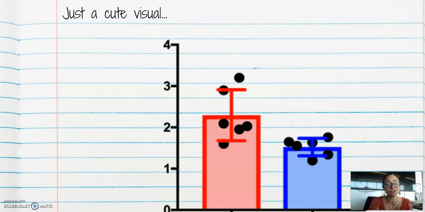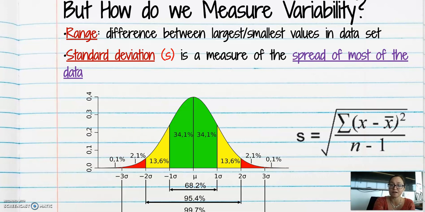Here you can see in the red graph how those data points are more spread out, so those bars are a little bit bigger, and in the blue one, the data points are closer to the average, so the bars are smaller. Now this is a super simplified example, but at least it shows a visual of what we're talking about.